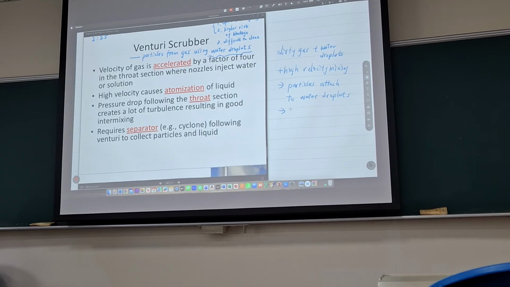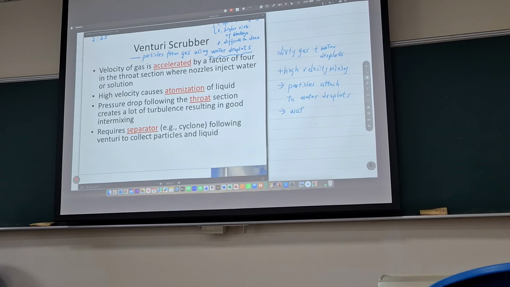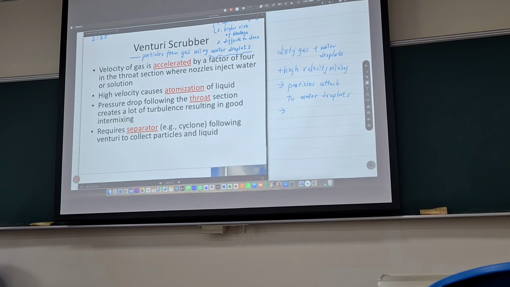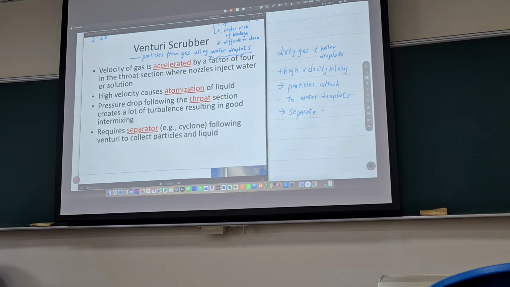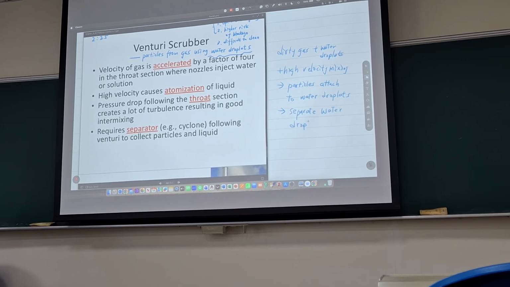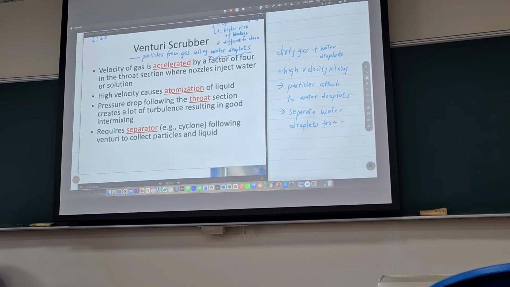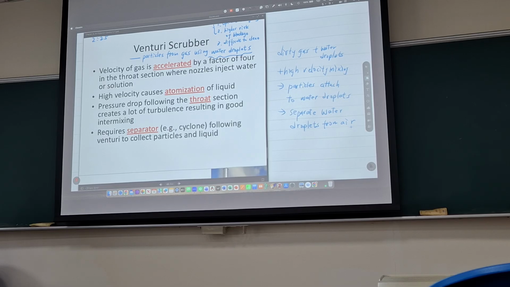Then it's easier to remove the water droplets, right? Then you separate the water droplets from air. So this is the concept.